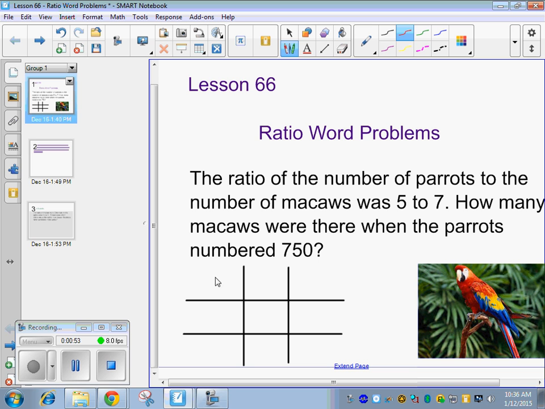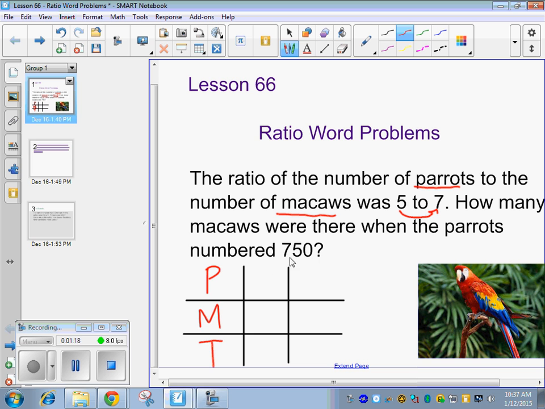It would be M for macaws. Okay. Well, let's go in the order because it's easier. Parrots. Yep. M for macaws, and then we always have our total at the bottom. So the ratio of parrots to macaws, this always goes in order, you guys. If it goes parrots to macaws, this is still parrots to macaws.